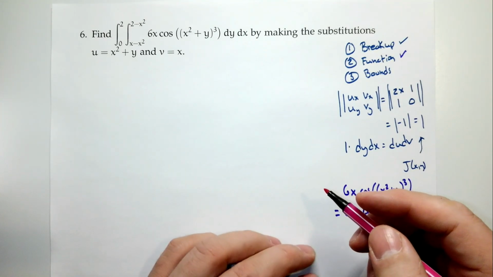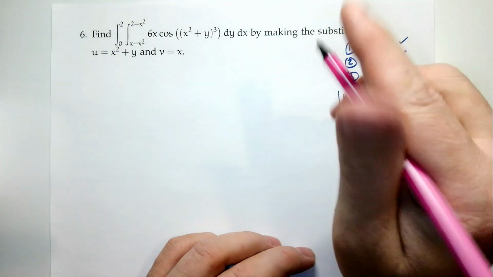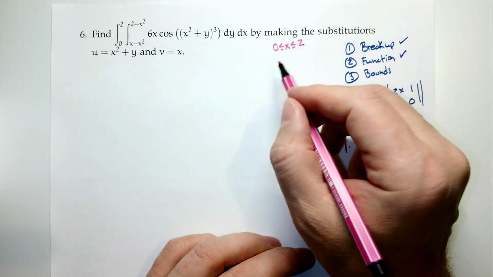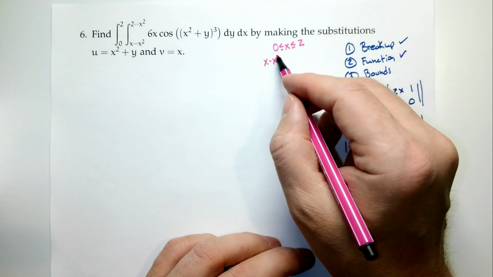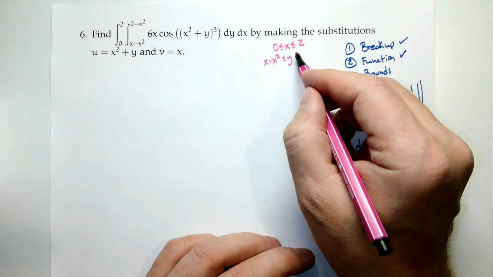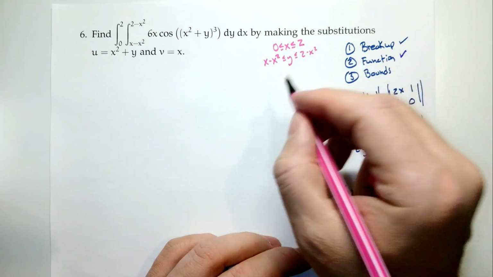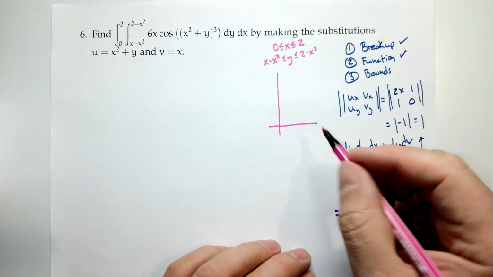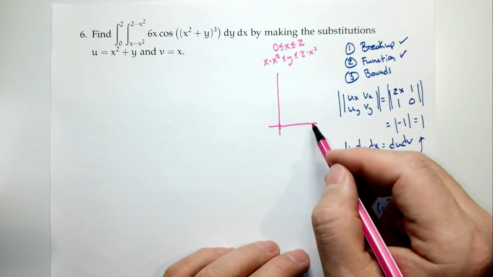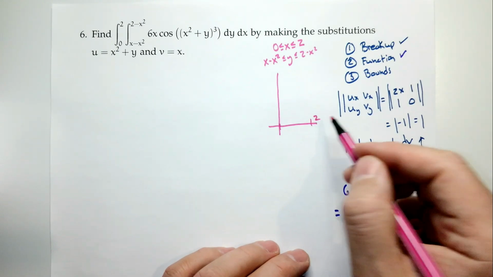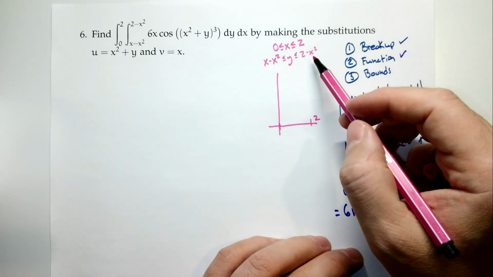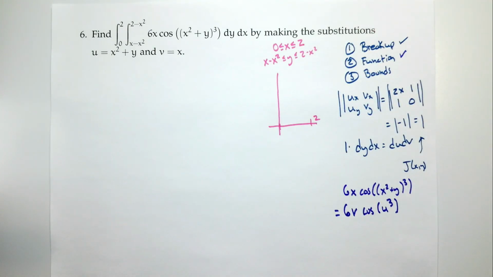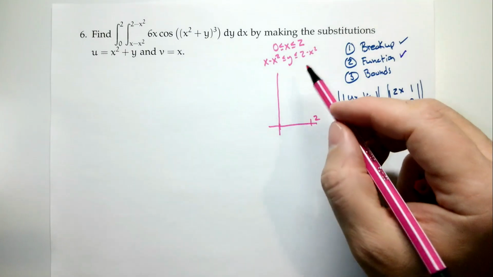All right, now comes the fun part. Our current bounds say x goes between 0 and 2, and then y goes from x minus x squared, less than or equal to y, less than or equal to 2 minus x squared. Let's see if we can get a handle on some of these curves. I only need to go from 0 out to 2. Y equals 2 minus x squared is a parabola.